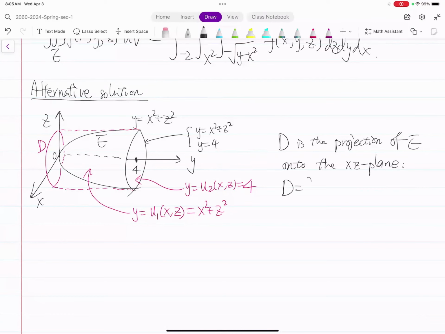And if we write it out, that's x, z, such that basically the boundary is x squared plus z squared equals 4, right? So the disk itself will be x squared plus z squared less than or equal to 4. So it will enclose everything within the boundary.